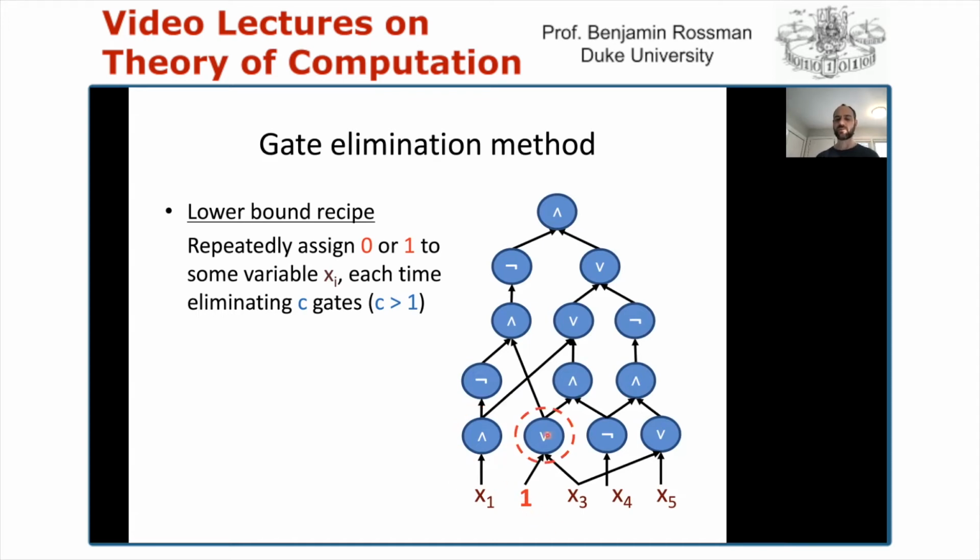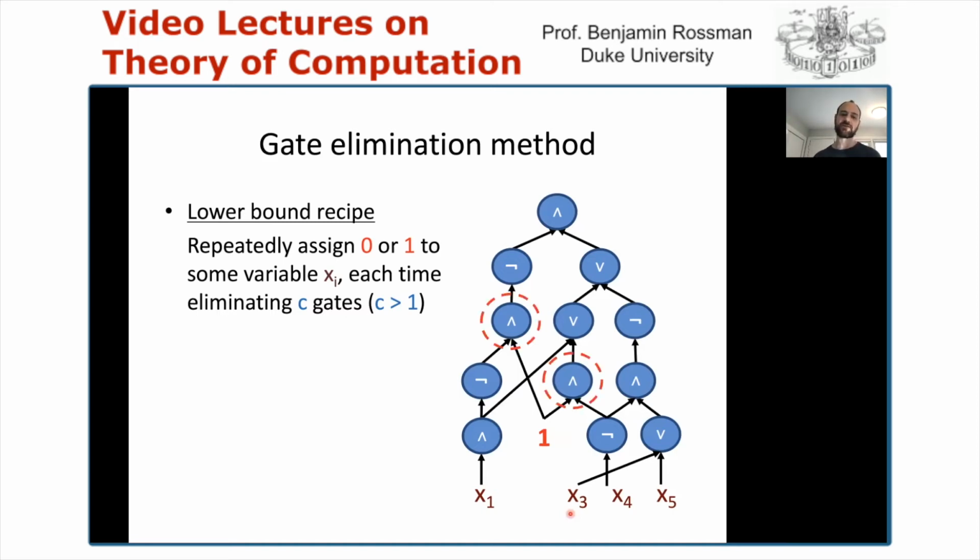Now we have this OR gate with a 1 feeding into it, so the OR gate will produce the value 1 no matter what its other argument is. So we can eliminate that gate and propagate this 1.